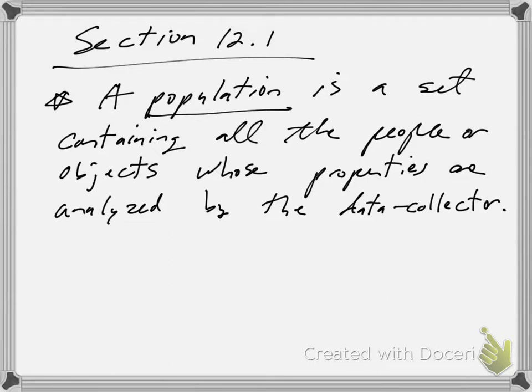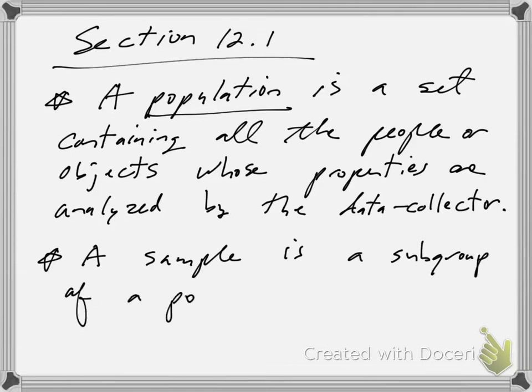So that's a population. A sample is a subgroup of a population. A lot of times, when we're trying to do statistics, we can't actually poll everyone, like polling for voting, because not everybody will respond to a poll or answer a question.